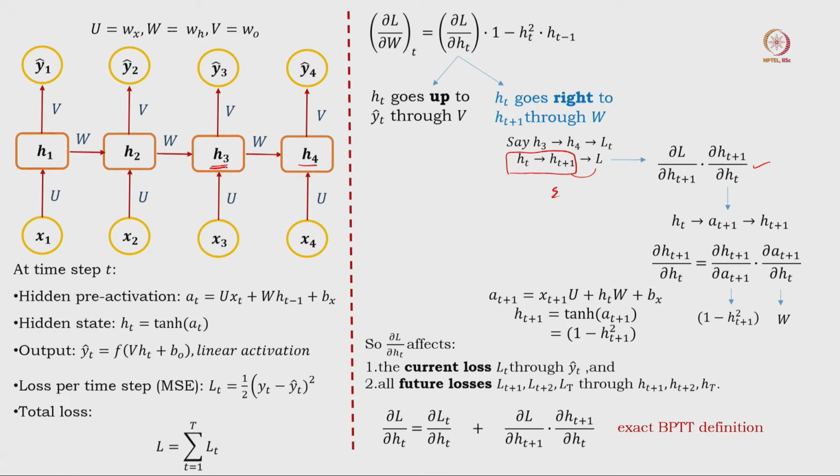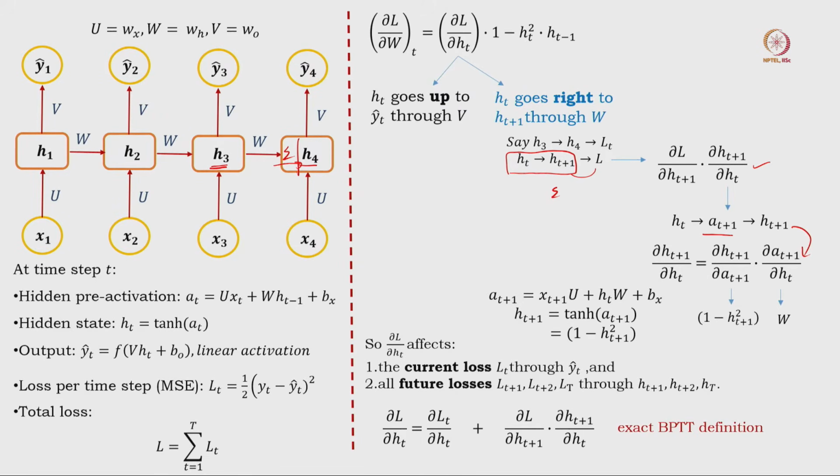From H3 going to H4, first you have to pass through the summation, that summation is A_(t+1). Again using the chain rule, we have written it in this way. Take the formulas, do the derivative with respect to the particular term and see what equation we get. Finally, what you have written here is exactly backpropagation through time.